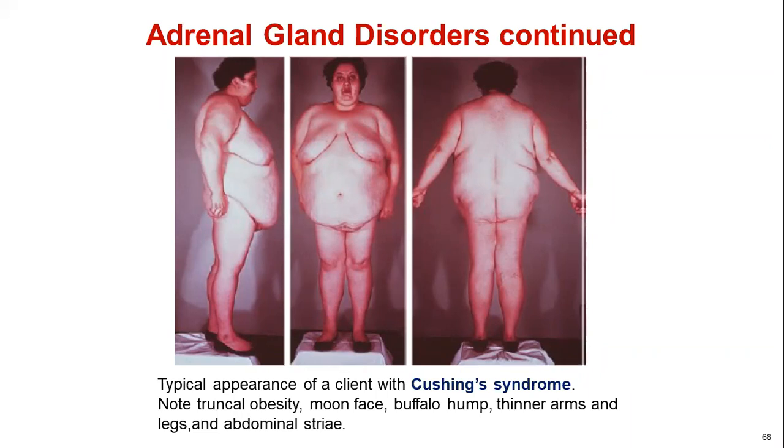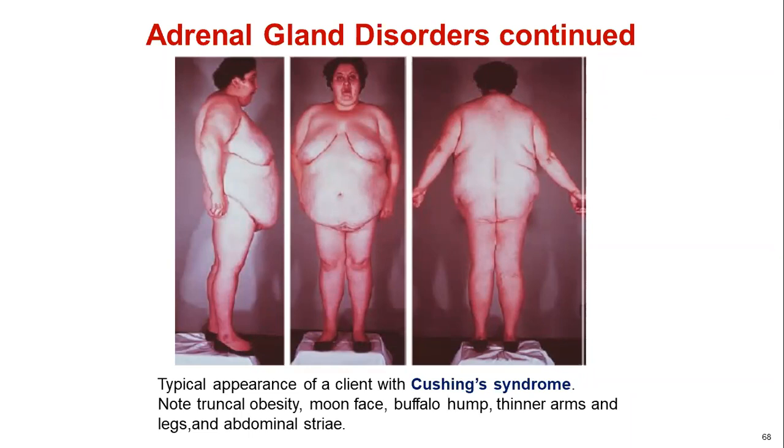They develop edema, weight gain, hypertension, tachycardia, bone pain or easy fracture, hyperglycemia, gastric ulcer, and another most important sign, hirsutism. They develop hirsutism, right?